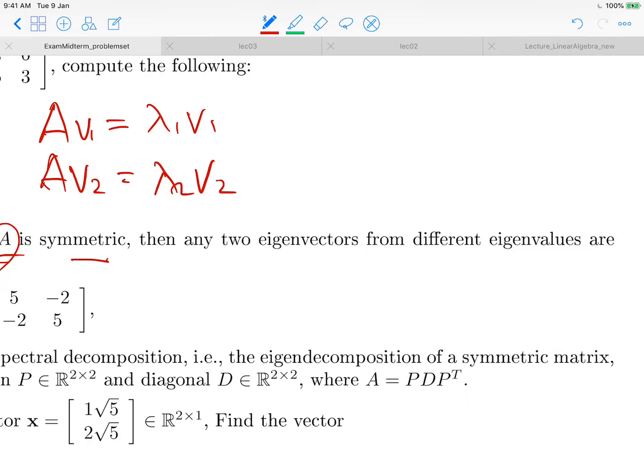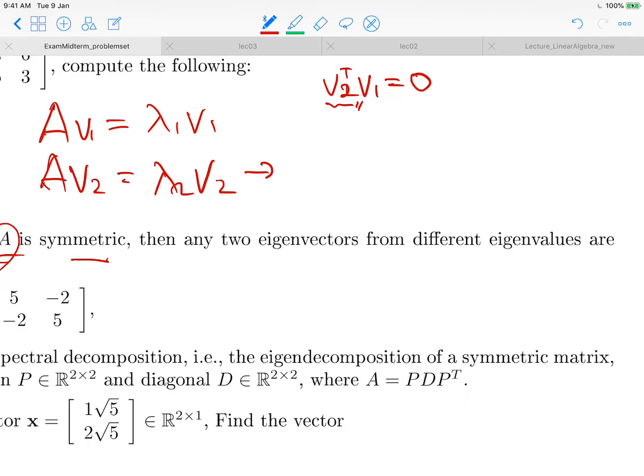Let's try. In order to prove orthogonality, we need this conclusion, right? And it seems that we need V2 transpose.